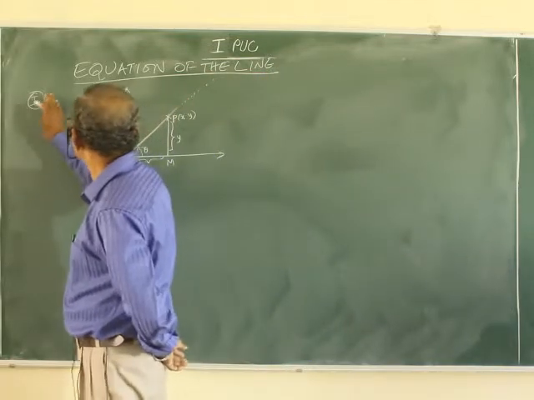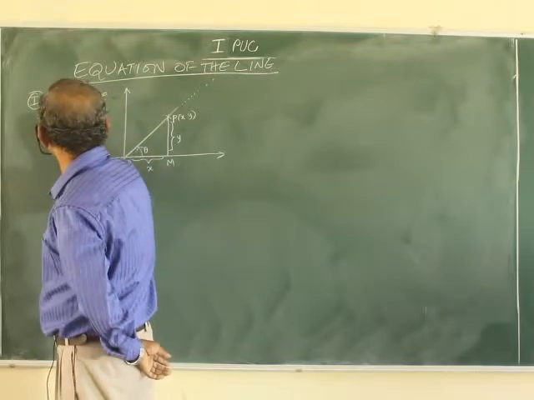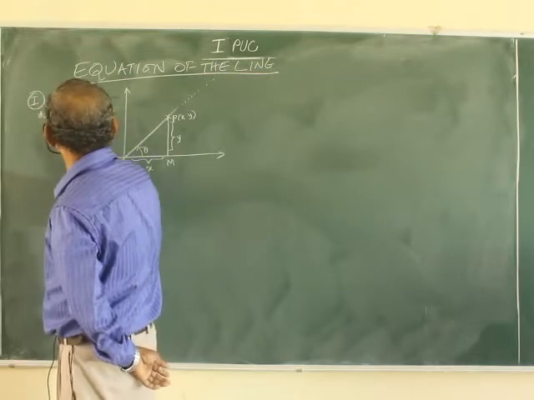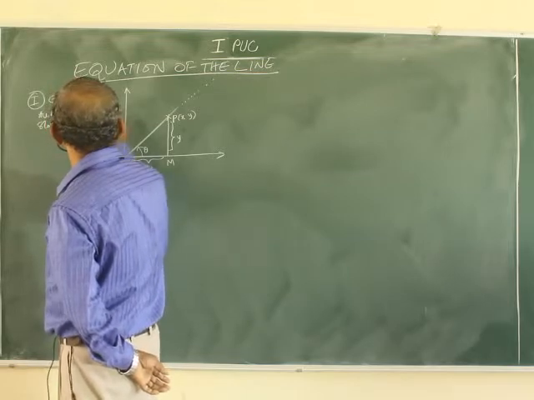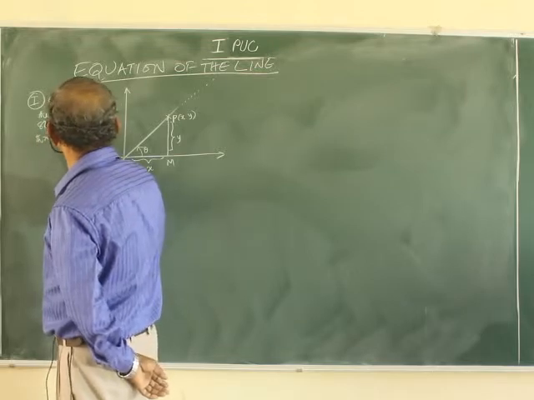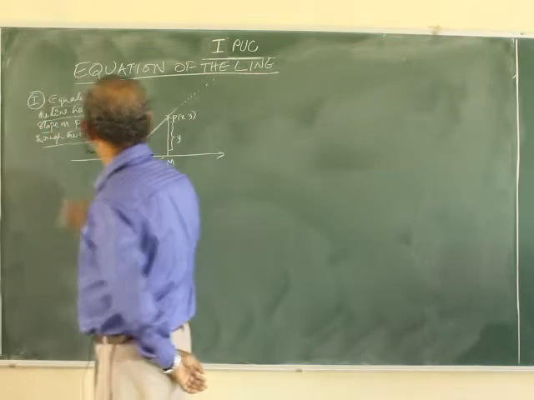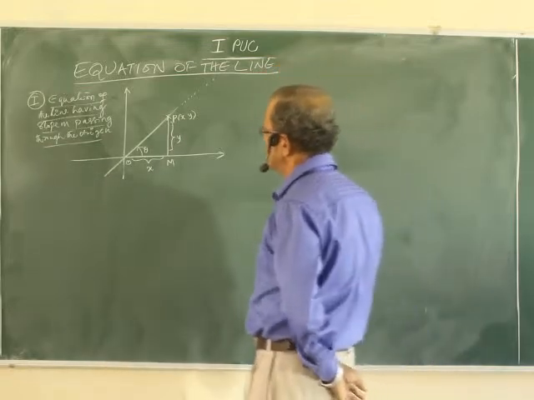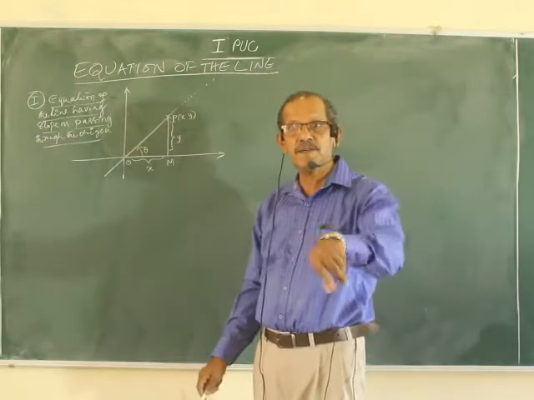First one is equation of the line having slope m passing through the origin. First point is this. Equation of the line having slope m passing through the origin. This type of straight line. How to write the equation?